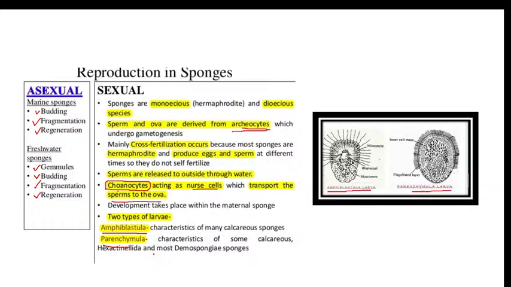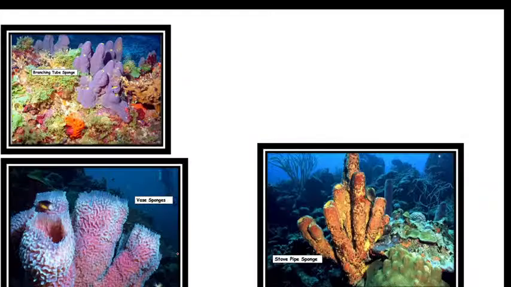Amphiblastula is a characteristic of calcareous sponges. The larval stage of all calcareous sponges is amphiblastula. Then parenchymula is the characteristic larval form of Hexactinellida and most Desmospongiae sponges.